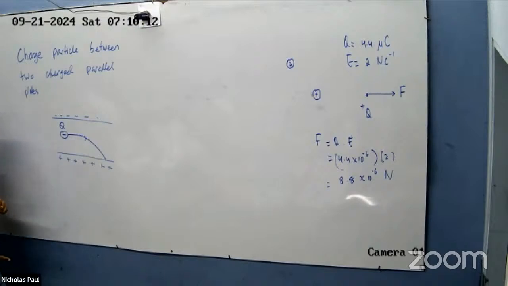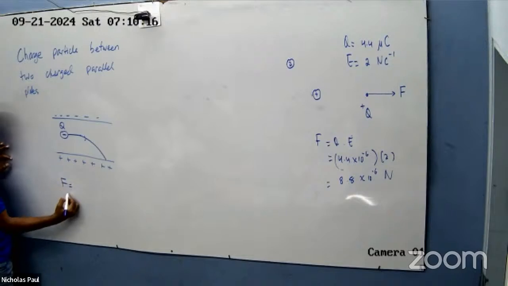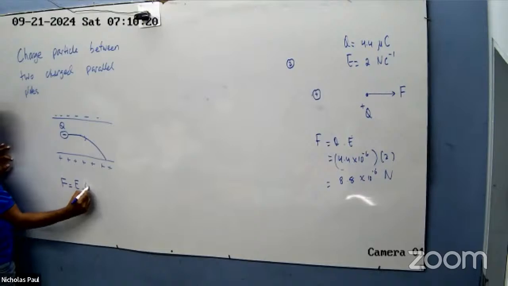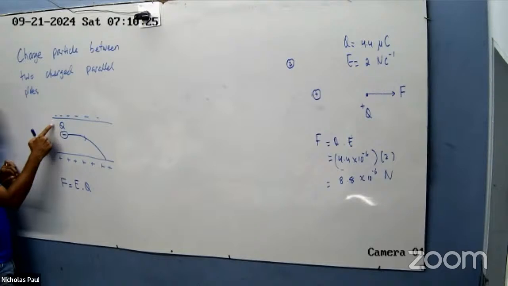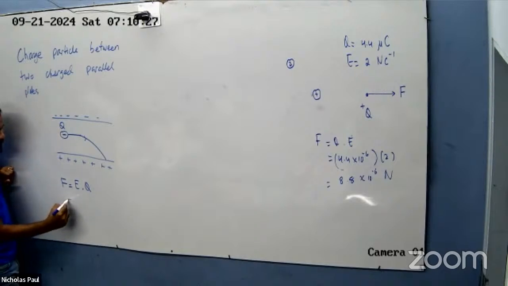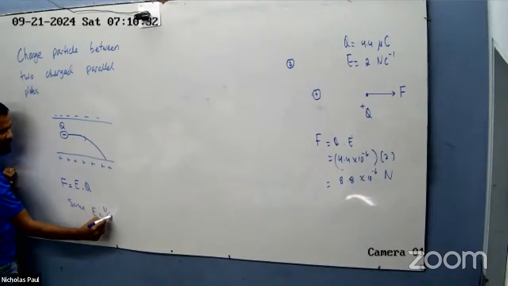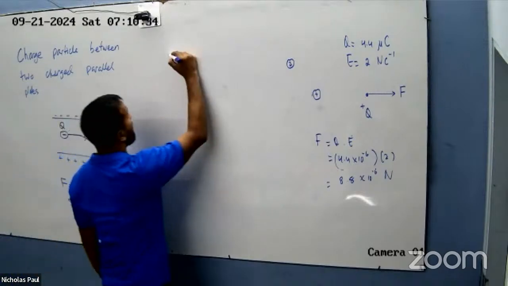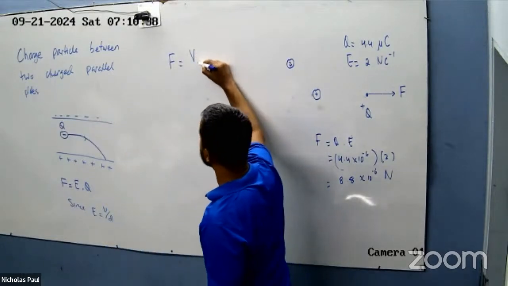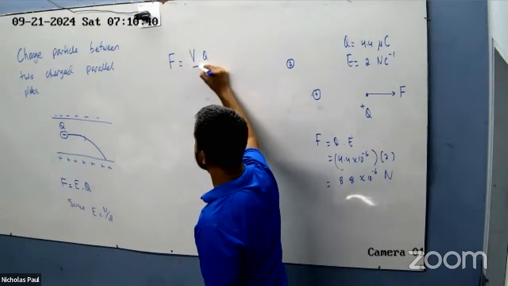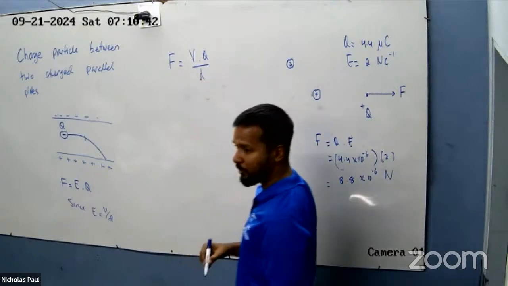So if I want to find the force on that particle, we know that force is electric field strength times charge. What is the electric field strength between two parallel plates? E is equal to V over D. So it means that F will be equal to the potential difference times the charge all over the separation.